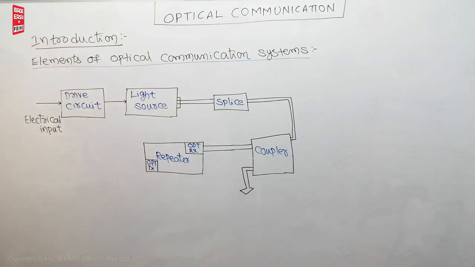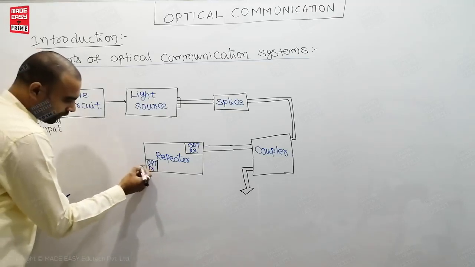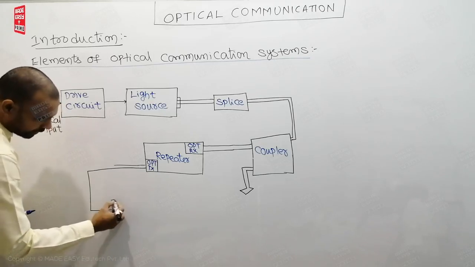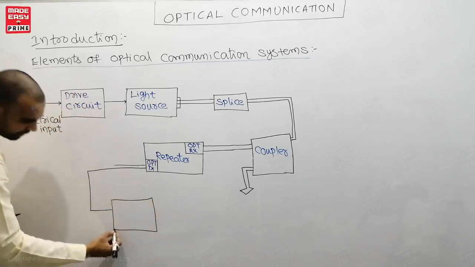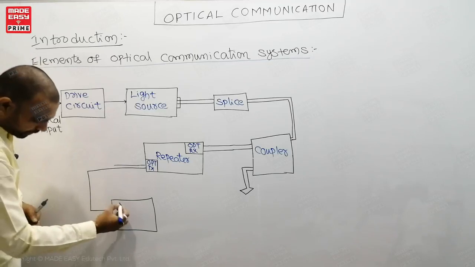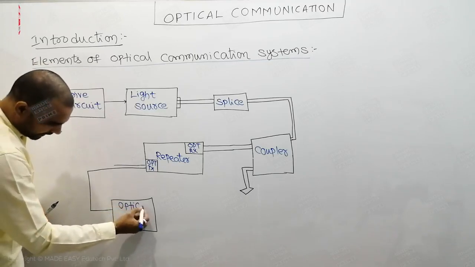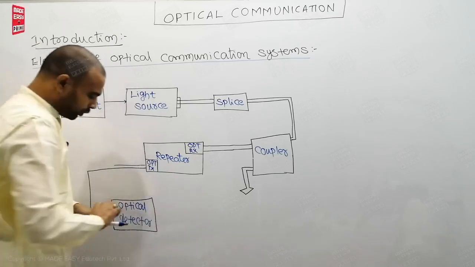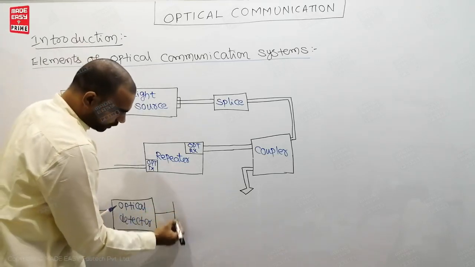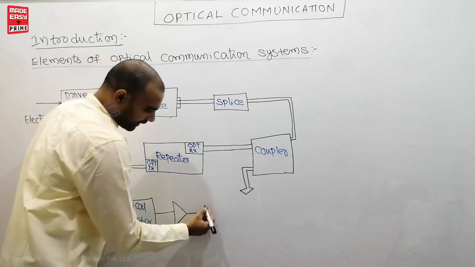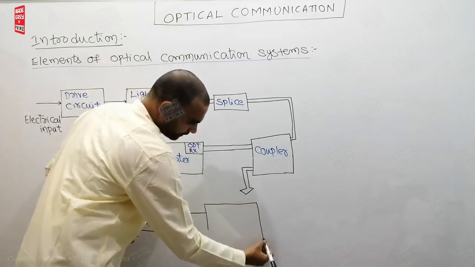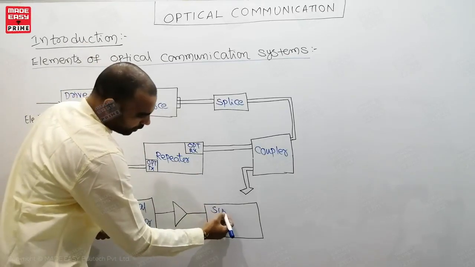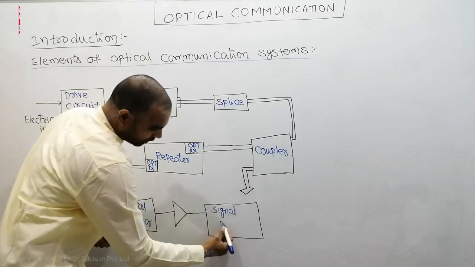I explained this once in the block diagram. The output is given to the block called the optical detector, also called a light detector. The output of the optical detector is passed through an amplifier. Then it is given to a signal restorer.